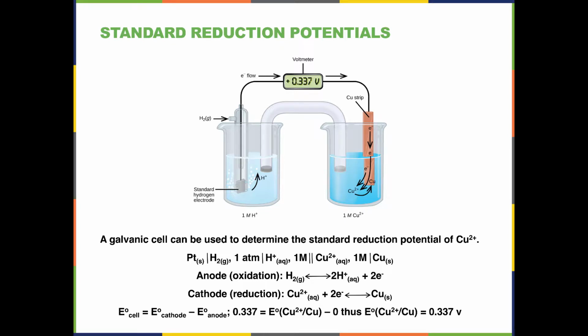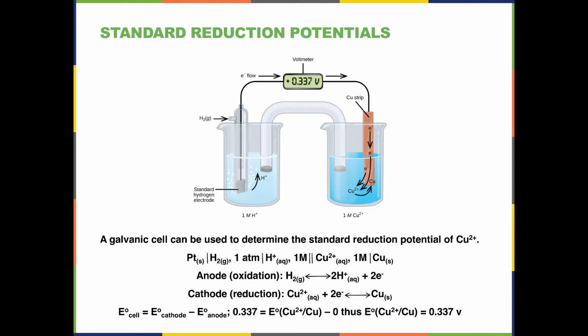The way this is determined is that the cell potential, given as 0.337 here, is the cathode minus the anode. The cathode is the copper ion being reduced to copper metal, and the hydrogen electrode is 0.